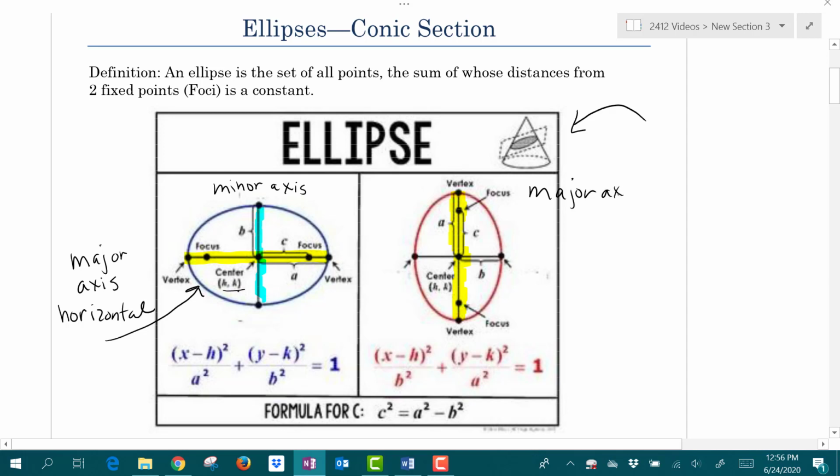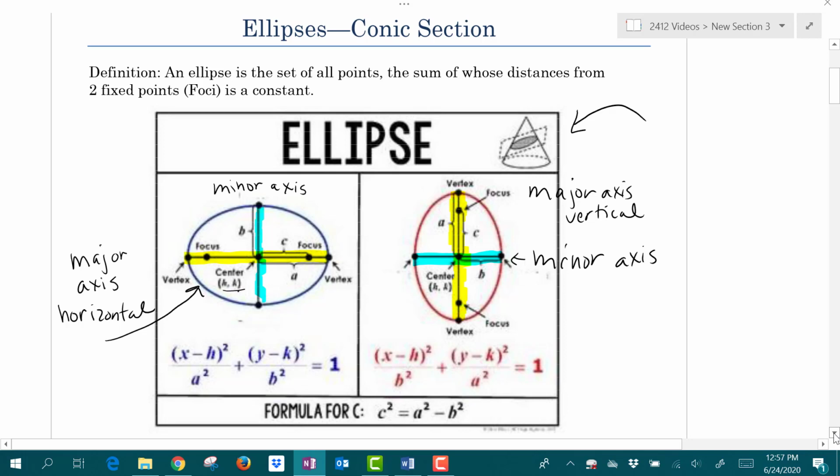You'll notice that even if the ellipse is vertical, we still have the focus, the center, and the vertices that live on that major axis. It also still has a minor axis. Both of these are going to have a major axis and a minor axis. The major axis is always longer, and the minor axis is always shorter.